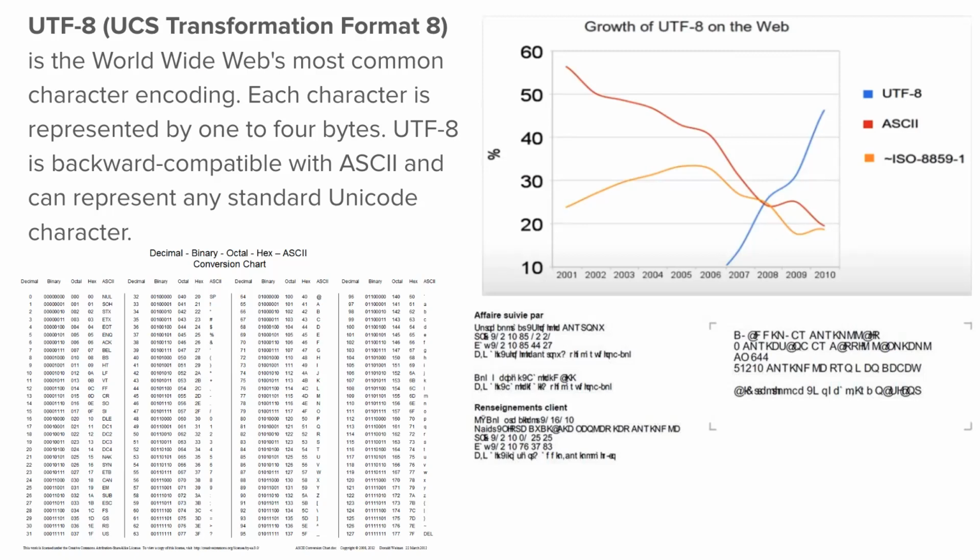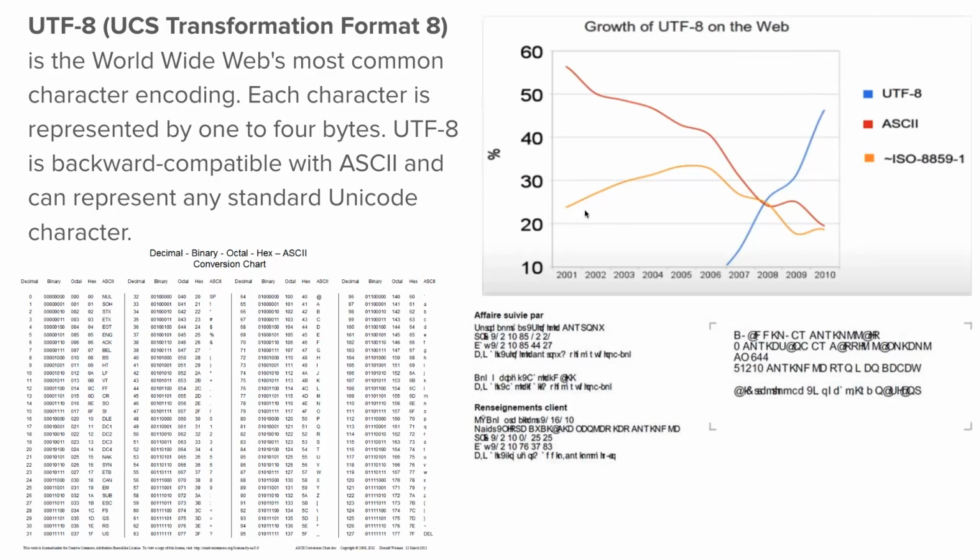So for different languages to be encoded in such a way that they can be readable for the majority of computers in the world, they need a universal and generalized format. Now, in the past, the most popular encoding formats were ASCII or ISO 8859.